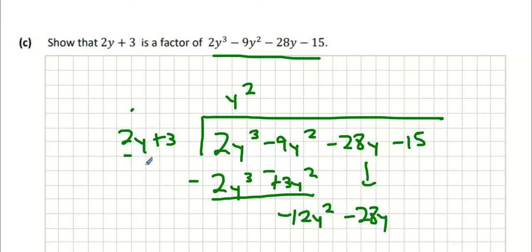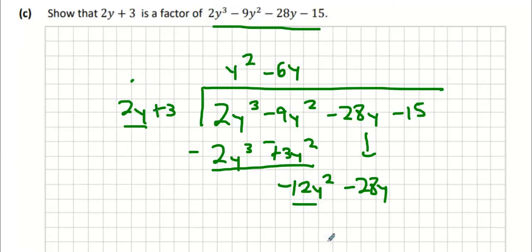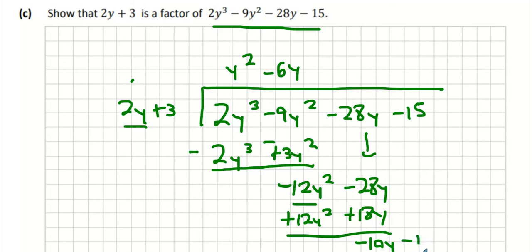And then we divide minus 12y squared by 2y, and we get minus 6y. Multiply it out again. So minus 6y times 2y is minus 12y squared. Minus 6y times 3 is minus 18y. We change the signs, and we go for minus 10y then, because minus 28y plus 18y is minus 10y. Then we bring down the minus 15.